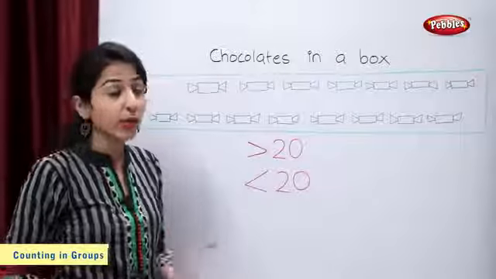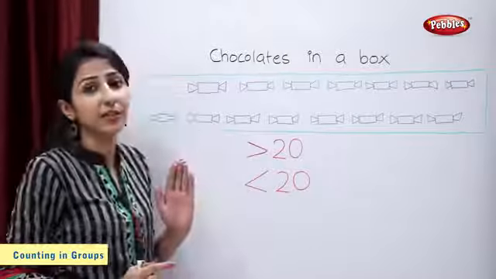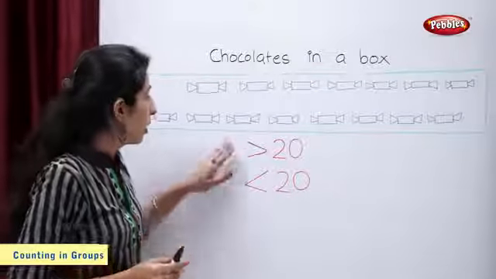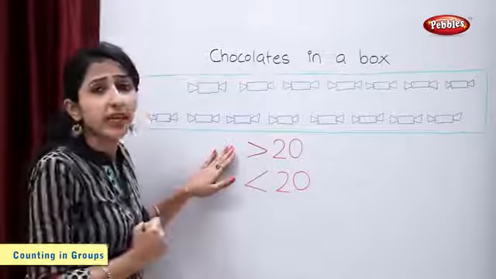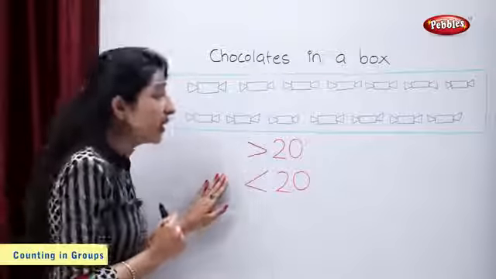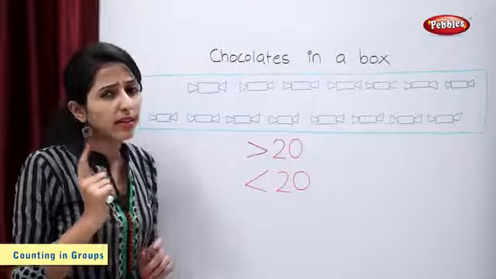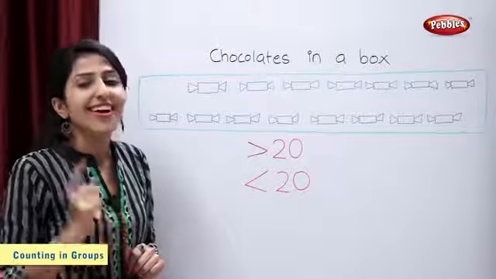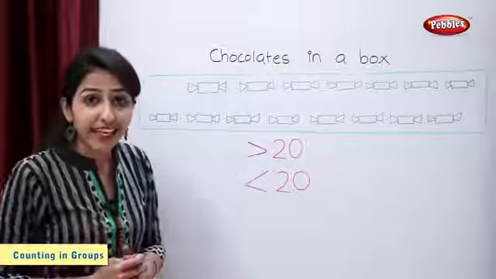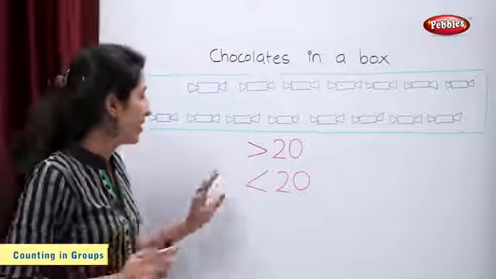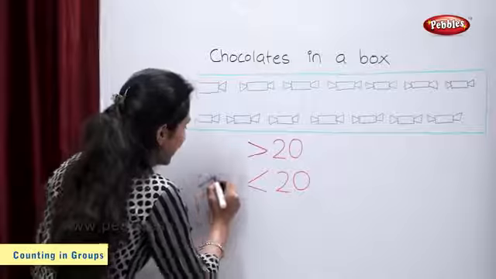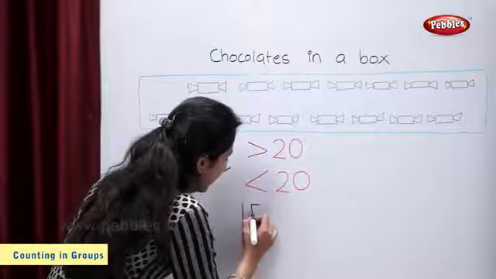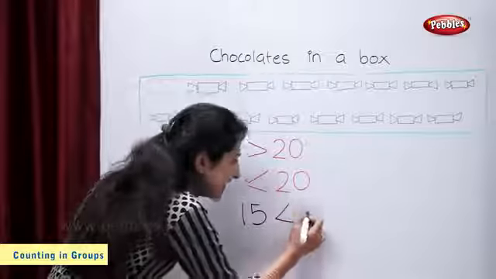So there are total 15 chocolates in this box. Tell me students, is 15 more than 20 or less than 20? Think and tell me. Correct. 15 is less than 20.